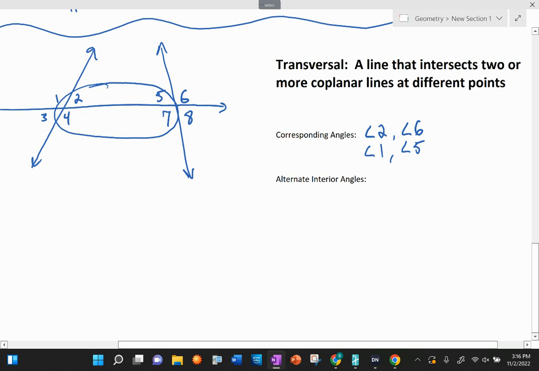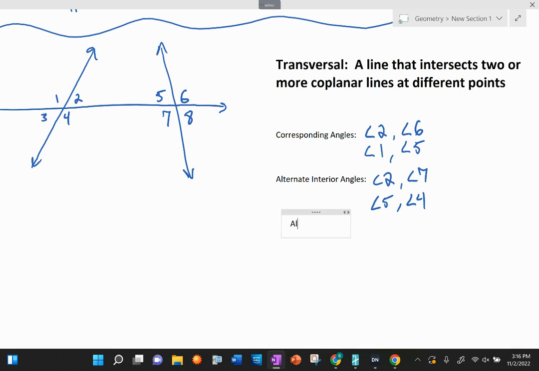So angle 2 is an alternate interior angle with angle 7. Angle 5 would be an alternate interior angle to angle 4. We'll also have alternate exterior.